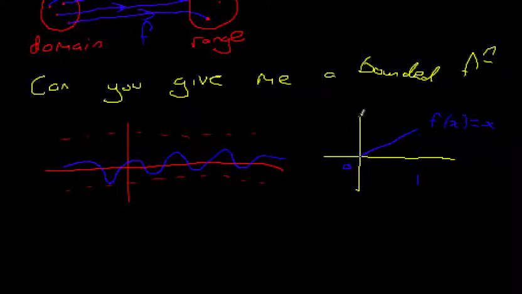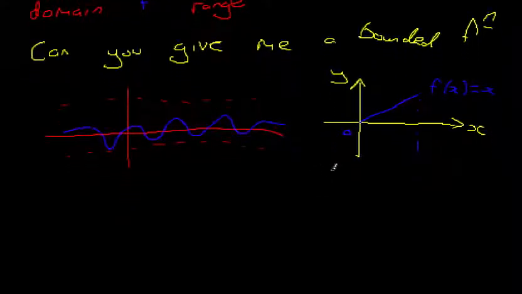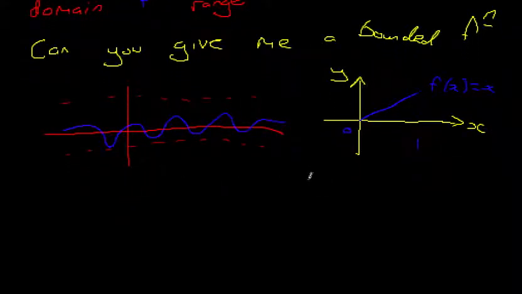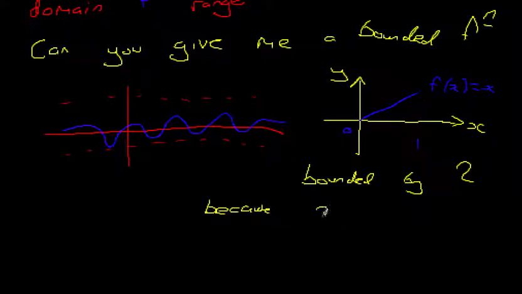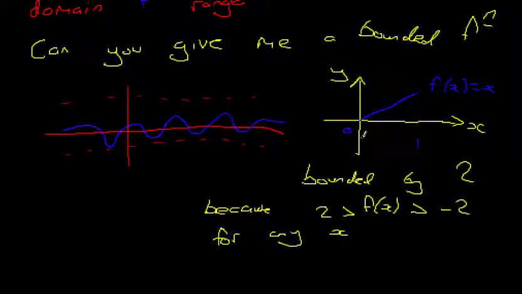Let me label the axes: this is y, and this is x. And this is bounded by 2, because 2 is bigger than f of x, which is bigger than minus 2, for any x. Note that here we're specifying our domain.